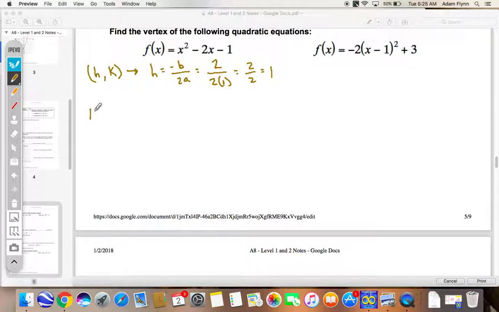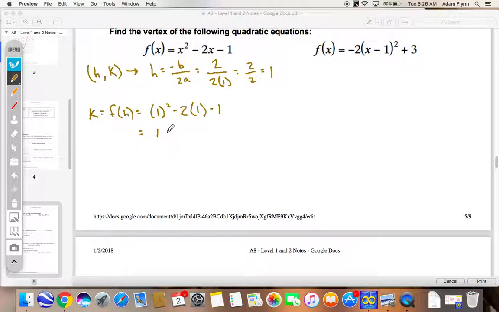So now to find k, I need to find f of h. Well, I know my h is 1, so I'm just going to plug 1 in for x up above into my original equation. So I get 1 squared minus 2 times 1 minus 1.